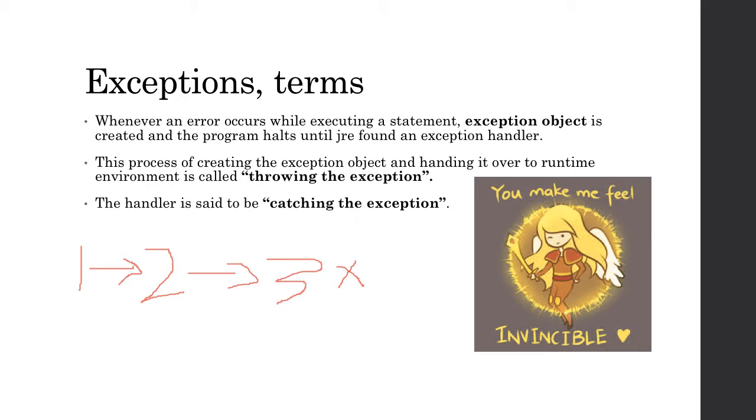The program will try to find the exception handler starting from the latest method, which is number 3. If you have defined an exception handler on method 3, it's going to just run that. If there isn't, then it's going to go to 2, and finally, if there isn't one in 2, it's going to go to the exception handler in method 1. So this is the hierarchy for the system to find which exception handler will handle it.